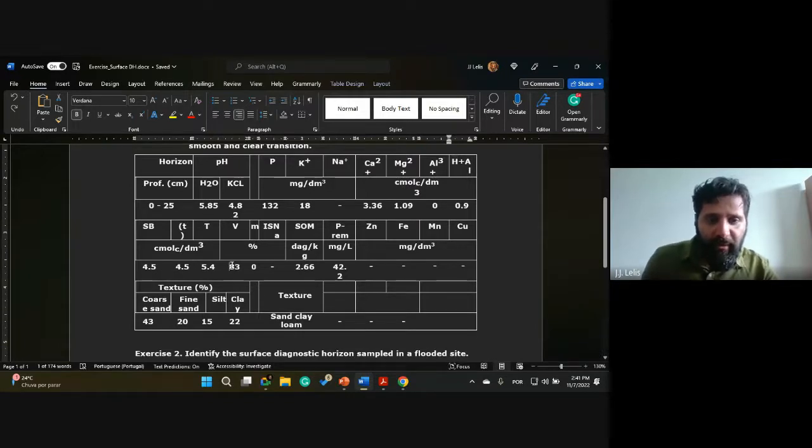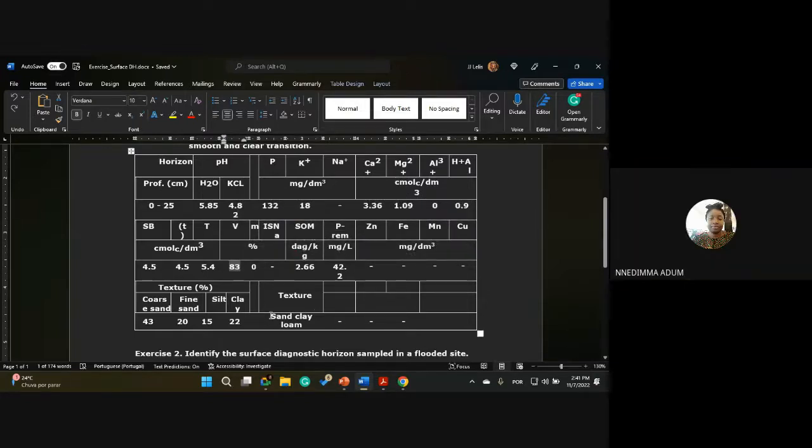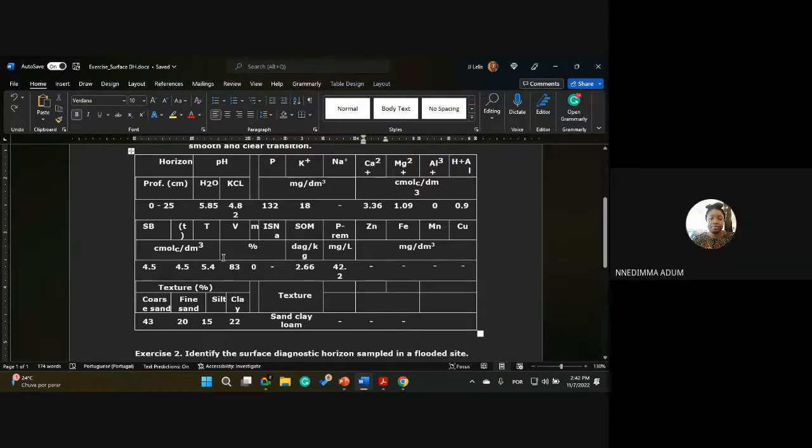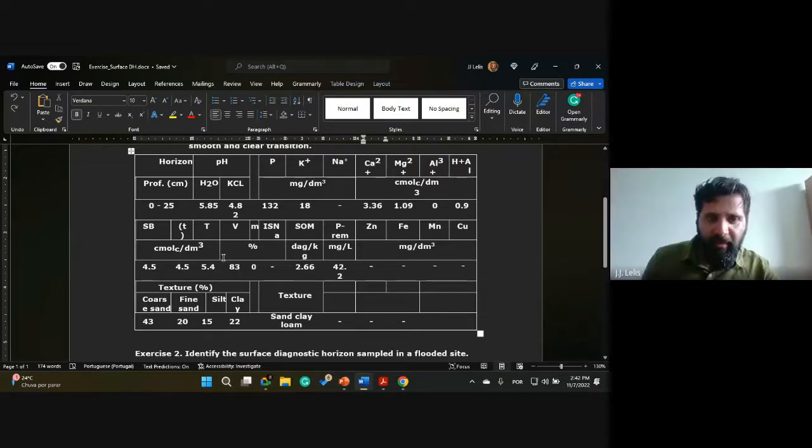And here in this V value, we can see the percentage that's fulfilled by bases, by nutrients. So in this case, the content of potassium, sodium, calcium, and magnesium fulfill 83% of the cation exchange capacity.